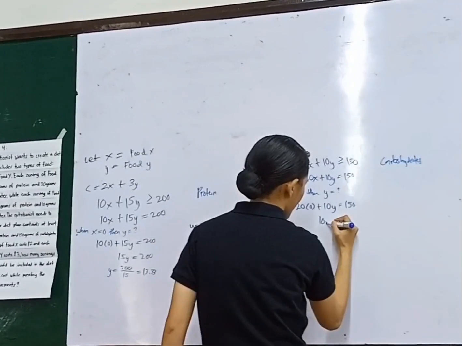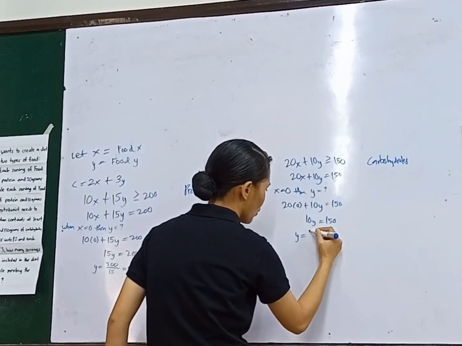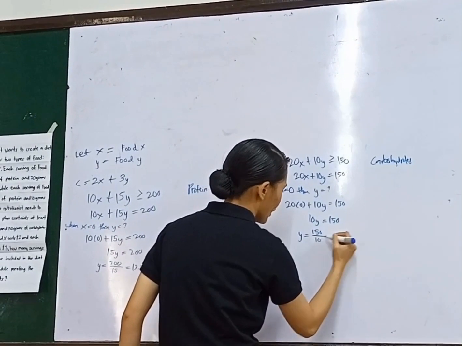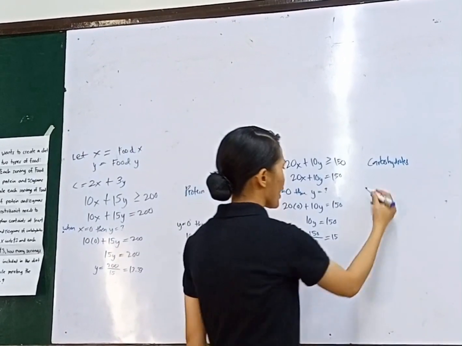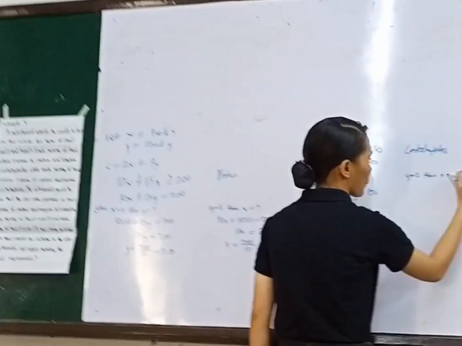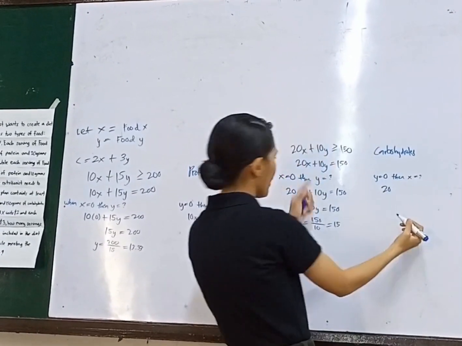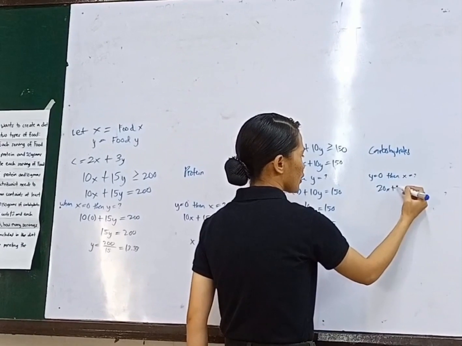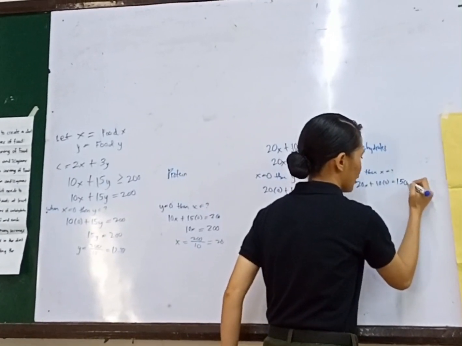So then 10y equals 150, then we divide 150 divided by 10, which is 15. And next, y equals 0, then x equals unknown. So 20x plus 10 times 0 is 150.